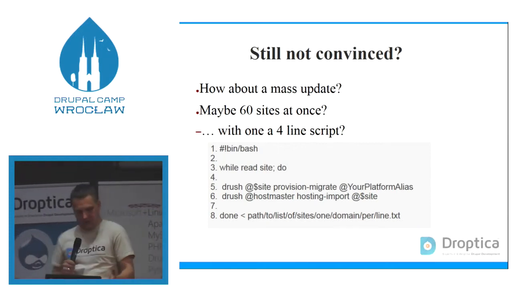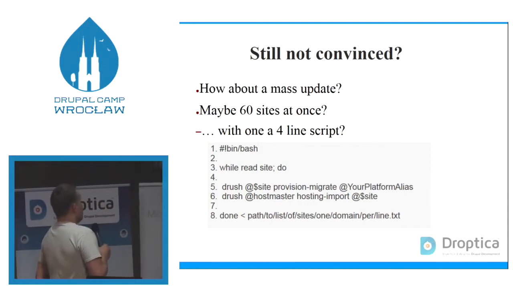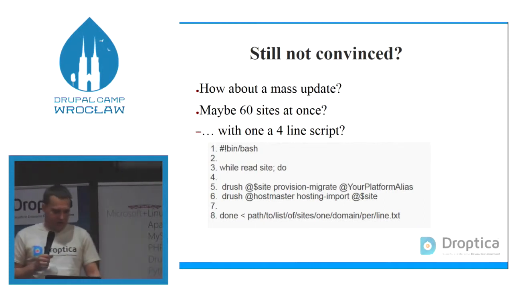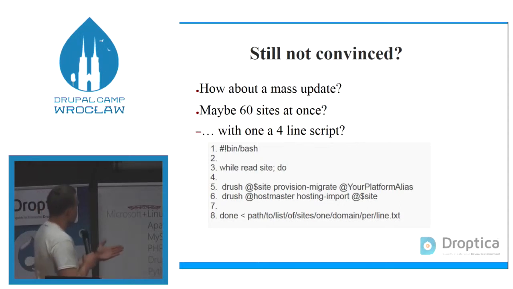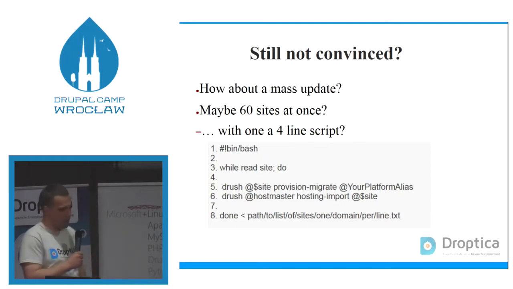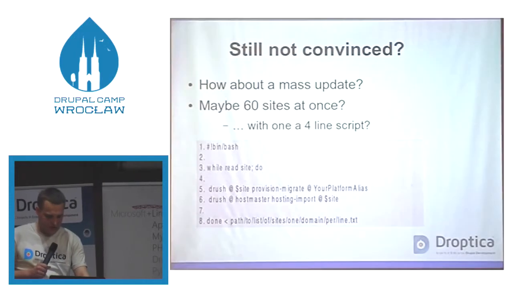It has some more commands that are shipped with it, and most of the tasks are done via Drush. So if you use Drush, it's very easy to use Aegir and script for Aegir as well. So this is four lines of code which enable you to update a site via code.